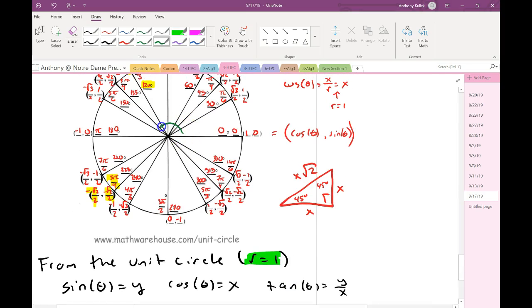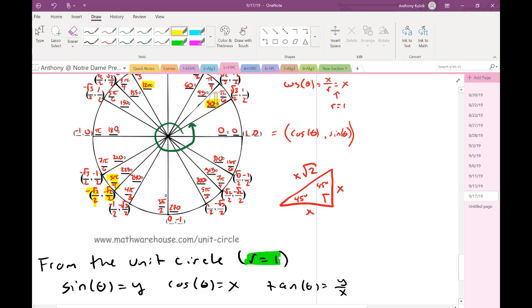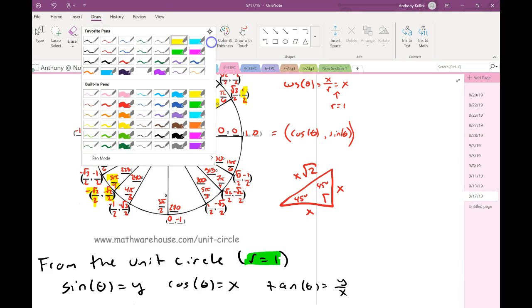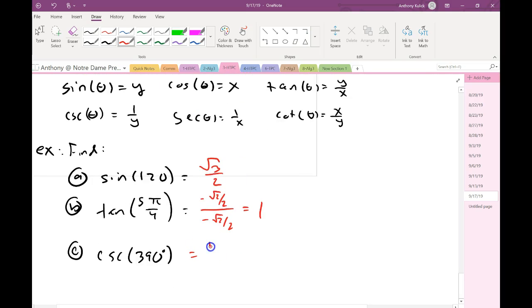So if I do 360 and then 30 more, that's 390, right? So the angle I really care about is 30 degrees. Everybody's okay with that idea? Cosecant, I know, is 1 over y. The y-coordinate in this case is 1/2. So this is equal to 1 over 1/2, or 2.